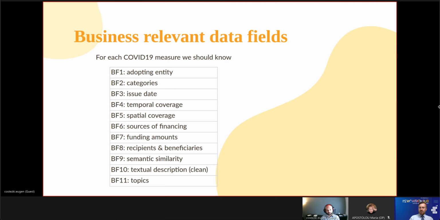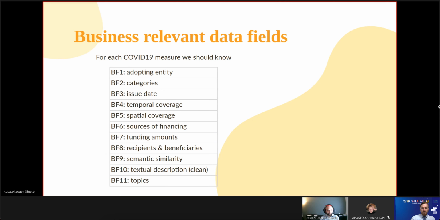So each COVID-19 measure should ideally have descriptions of what the adopting entity of this measure is, what category it falls in, when it was issued, and what the temporal coverage is, where it applies, in the EU as a whole or only in some member states or other geographic locations, where the money comes from and the amounts allocated, and then who the beneficiary is, what the recipients targeted by the COVID measure are.